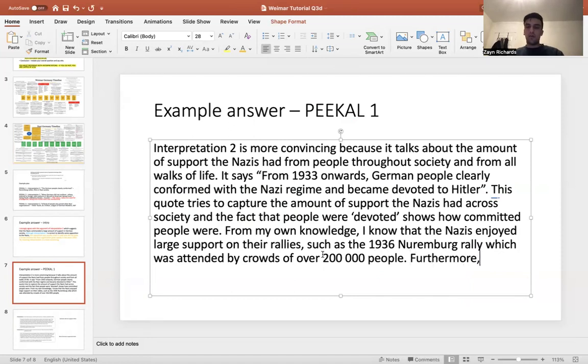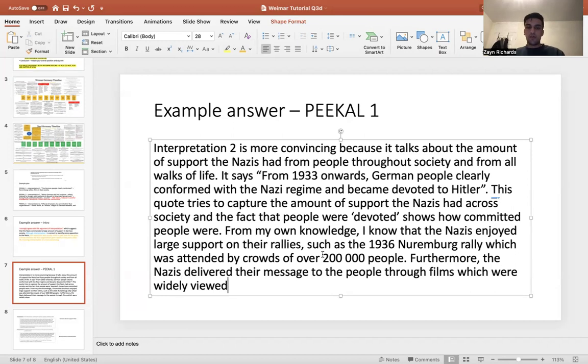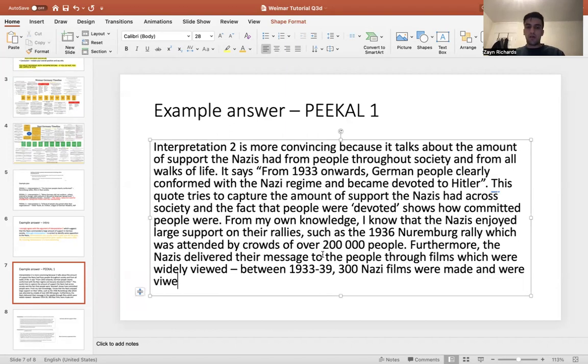Furthermore, the Nazis delivered their message to the people through films which were widely viewed. Between 1933 to 39, 300 Nazi films were made and were viewed by over 250 million keen Nazi supporters.